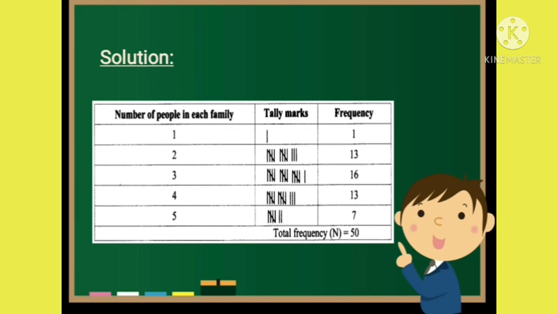Number 1 is appearing how many times in the data given? It is appearing only once, so we write 1 in the frequency column. At the end, we will total the frequency column, that is 50. This is how we have solved this question by drawing a frequency table.